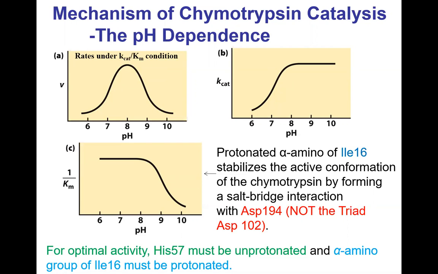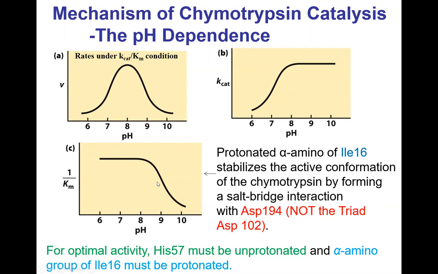Obvious. What about C? In C, you are seeing 1 by Km plotted against pH. So 1 by Km is decreasing, and it decreases after a pH of 8.5. And that suggests that 1 by Km decreasing means Km must be increasing.